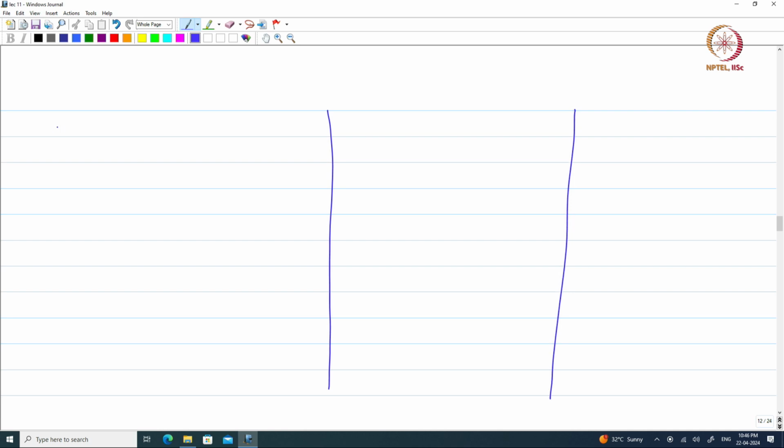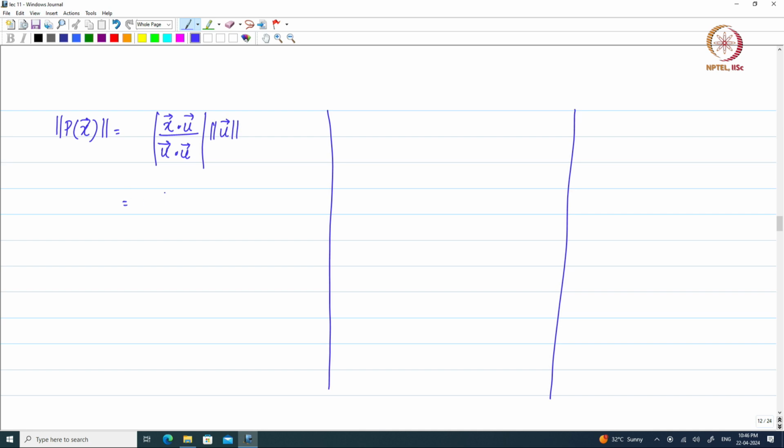The length of p of x is the absolute value of x dot u divided by u dot u, into the length of this vector u.